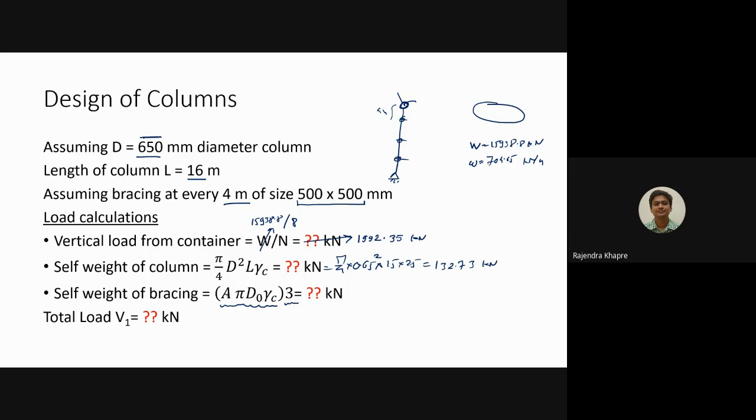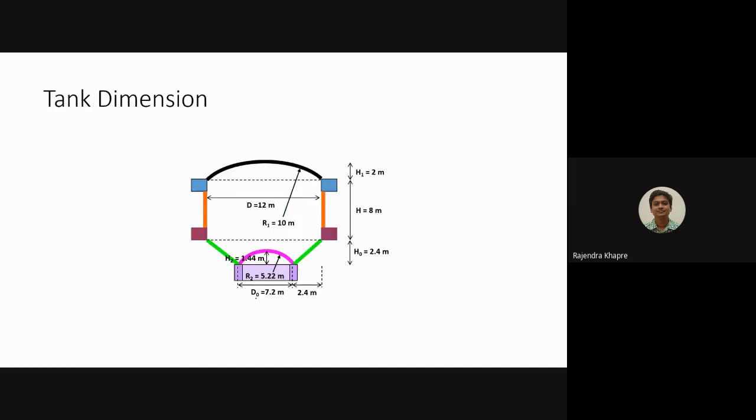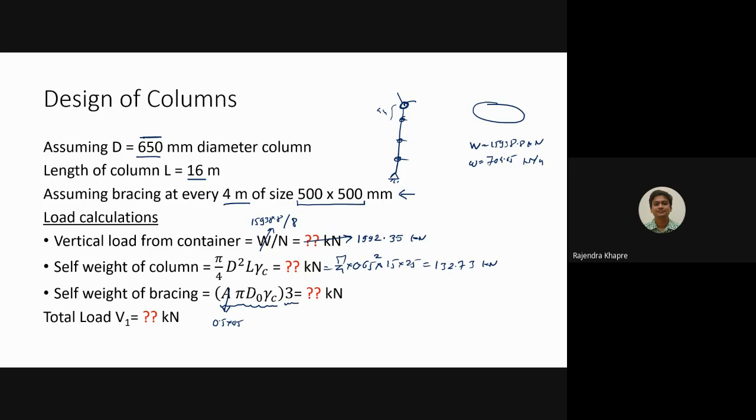This is the cross section area of the beam, which is 0.5 meter by 0.5 meter, as we have assumed. And pi d0 is nothing but the perimeter of the structure, where the d0 value is 7.2 meters, and gamma c is 25.